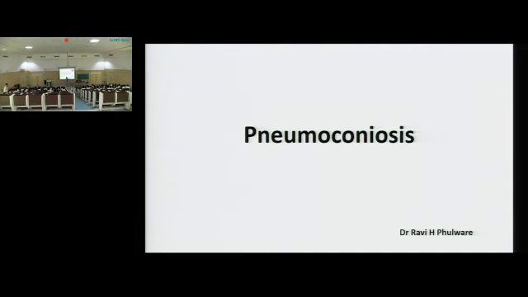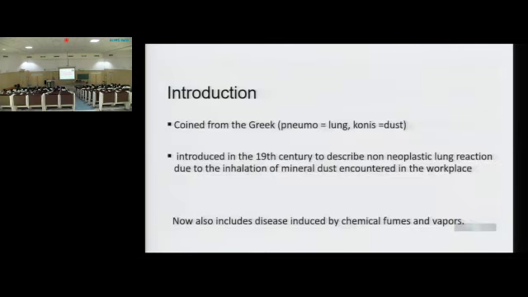So, in two lectures, we covered the COPD from the lung system, and now in today's lecture, we will see about the pneumoconiosis. In the early 90s, this term was coined from the Greek word. As we know, pneumo means lung and conios means dust.